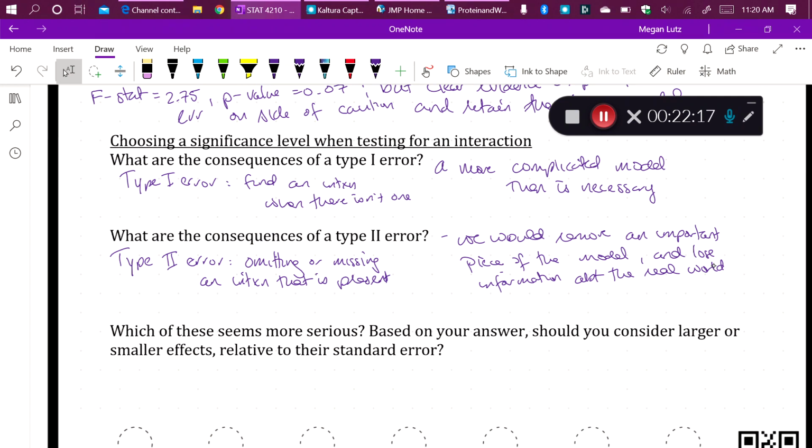And so in this case, we'd lose important information about the relationship between weight gain and the protein sources, and how that is affected by the level of protein.